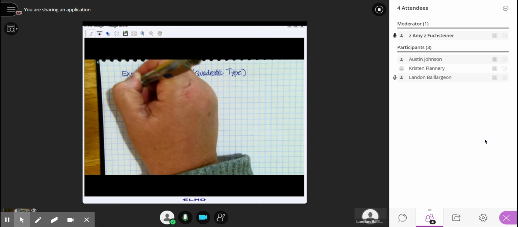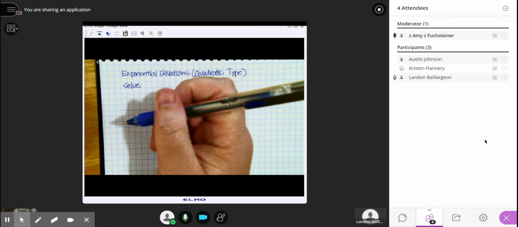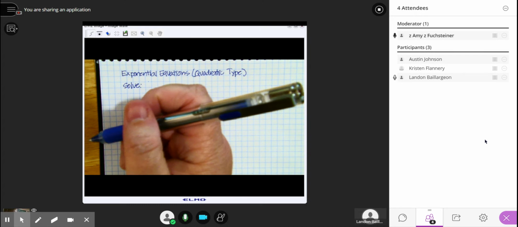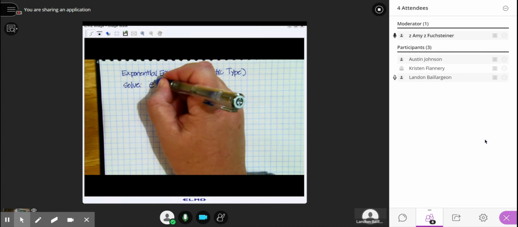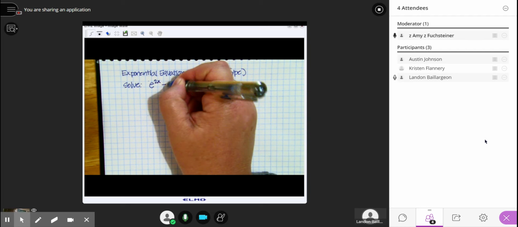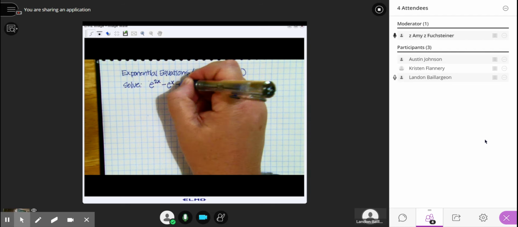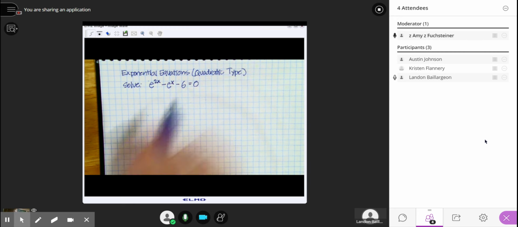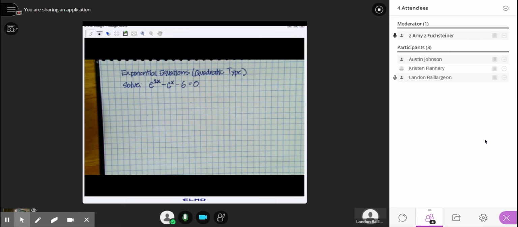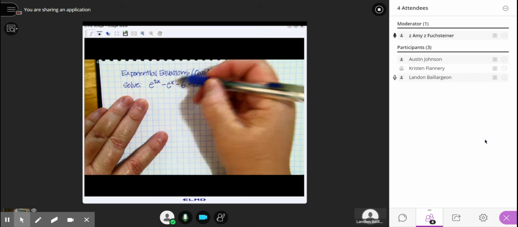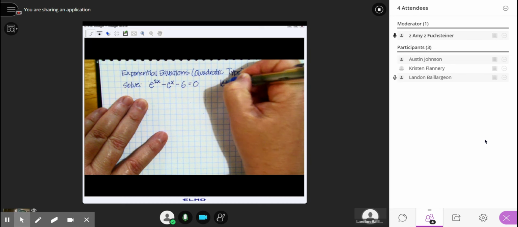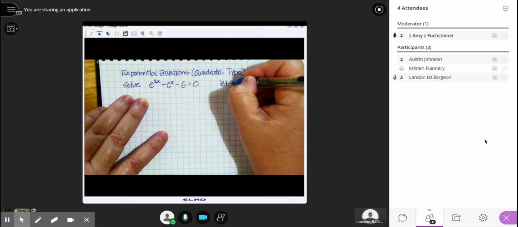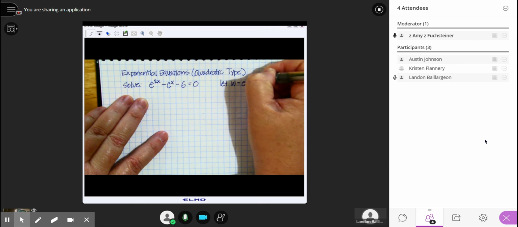And so this one looks like e to the 2x minus e to the x minus 6 is equal to 0. And the idea here is that you use a substitution and you let w equal your e to the x.